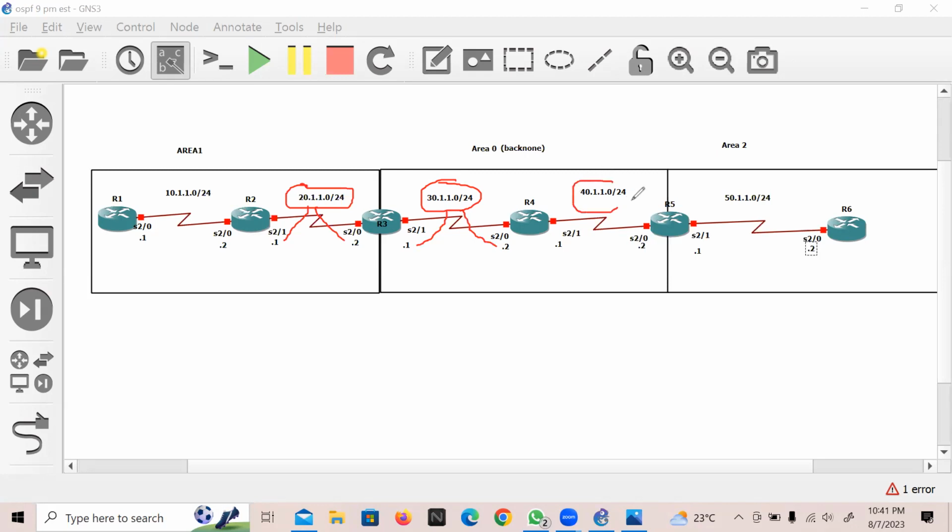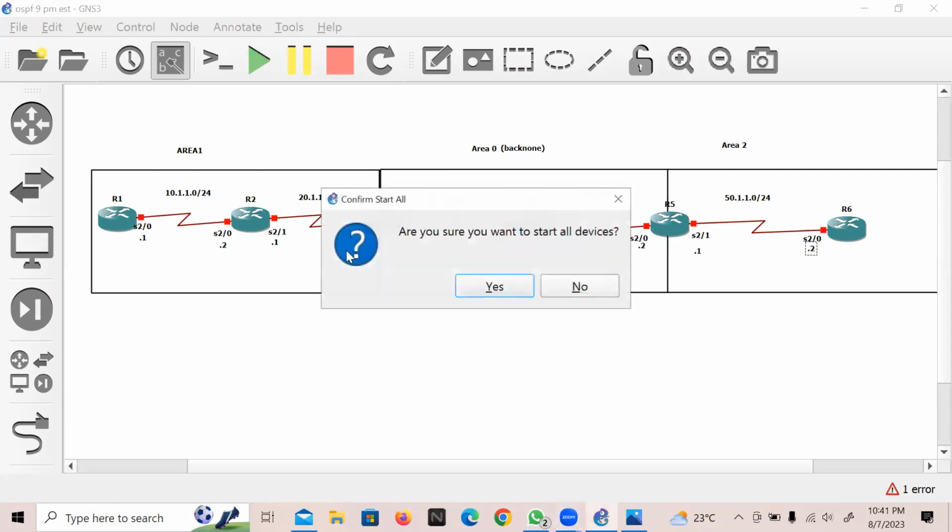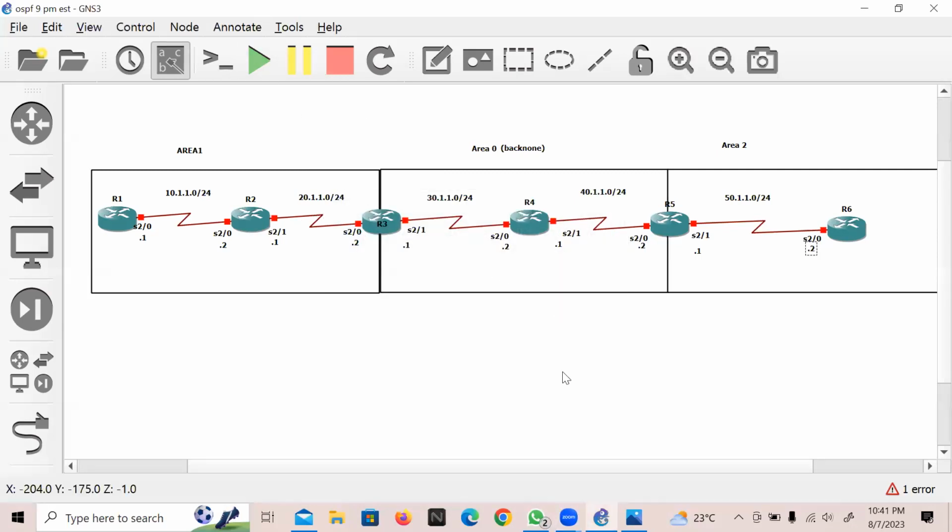IP address. 40.1.1, 40.1.1.2. Yeah, it's showing your last digit. That's it. I hope now it's clear. Let's assign IPs fast because it will take a lot of time.